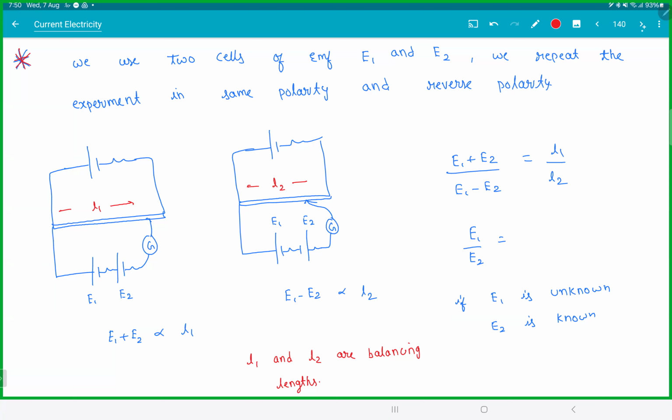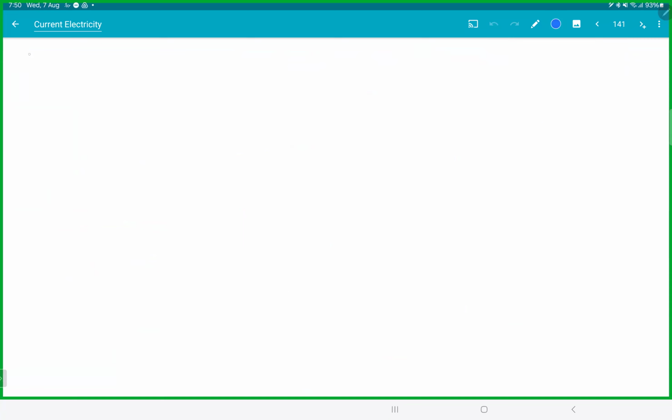Clear, no? Next thing, we need to find Rx. Now what we do, close the switch. So you already found Ex from the previous experiment.